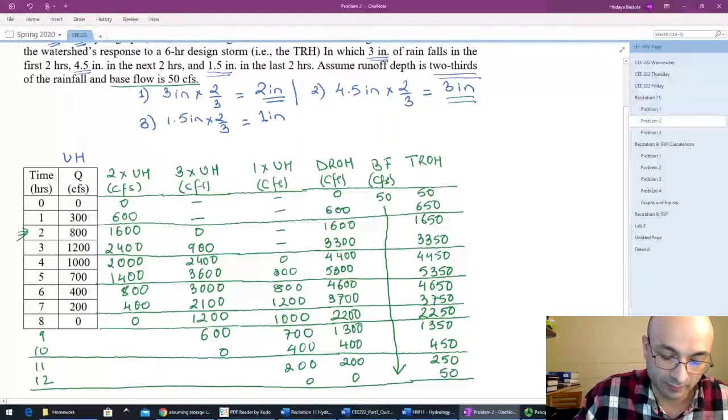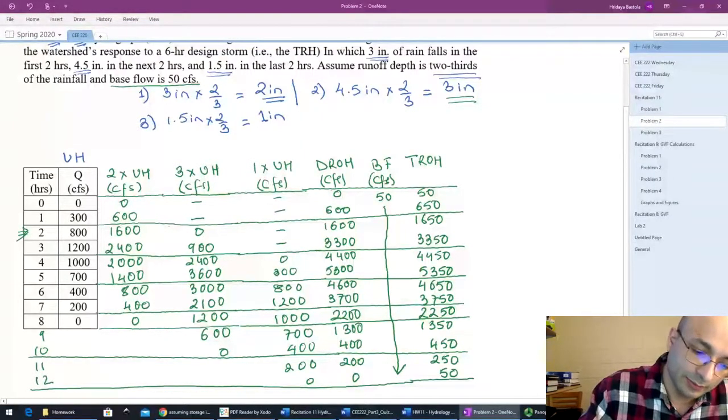So at the end you have 50. So this then is your solution.